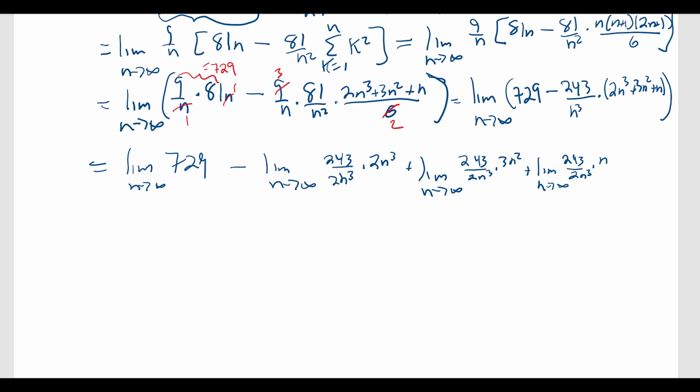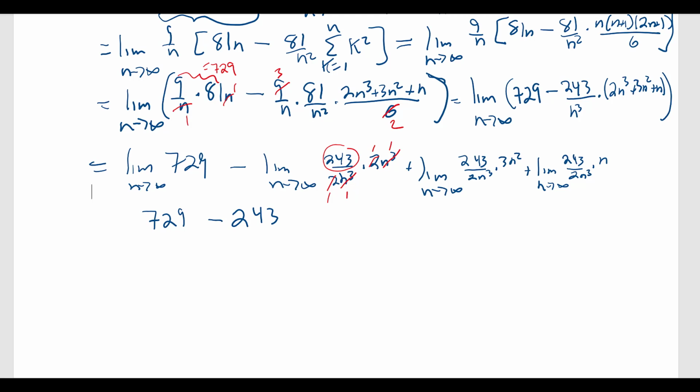Now if we look at these individually, we have this first one is just our 729. We have minus what? This n cubed cancels with the n cubed there. This 2 cancels with the 2 there. What's left is just this 243. So minus 243.